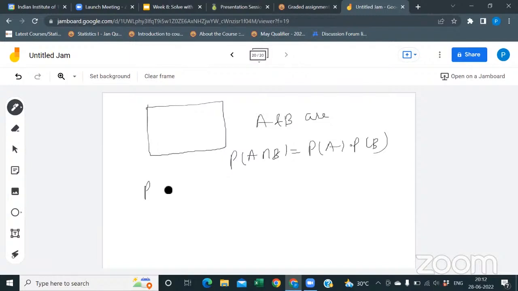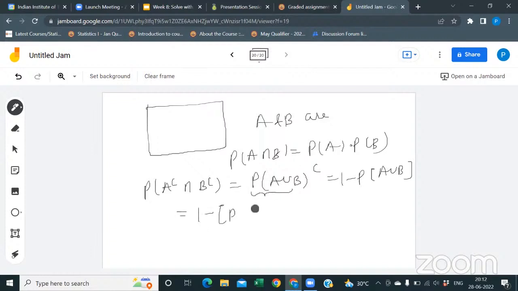I can write this as 1 minus probability of A union B whole complement, which is 1 minus probability of A union B. Now I can write 1 minus PA plus PB minus probability of A and B. Since these are independent, that is 1 minus PA minus PB plus PA into PB.